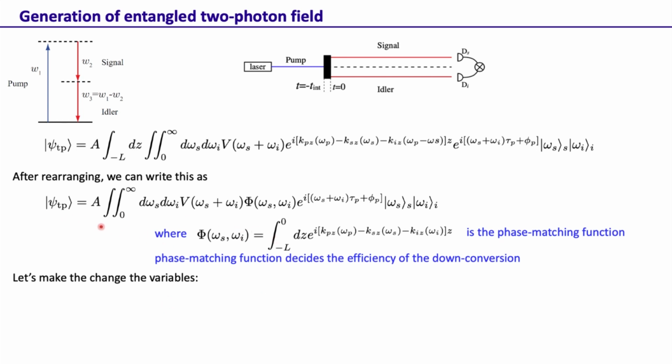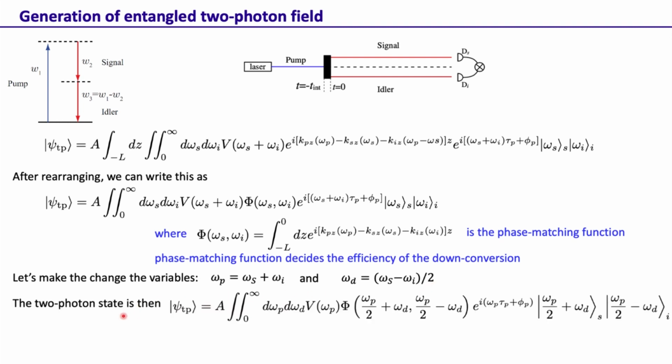I just want to point out that this also gives us an entangled state. So I'll quickly illustrate that here. For that, let's make a change of variables. Here we have this state in terms of omega s and omega I, but let's take these two variables, omega p and omega d, where omega p is omega s plus omega I and omega d is omega s minus omega I. If you make this change of variable, then the two-photon state we can write like this.